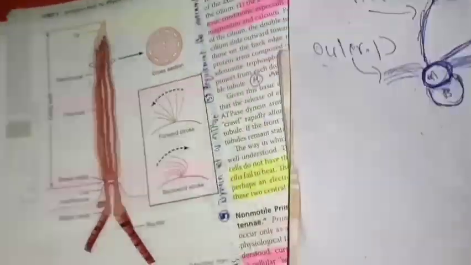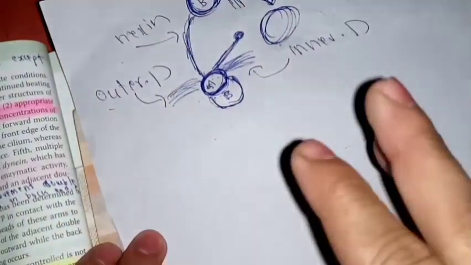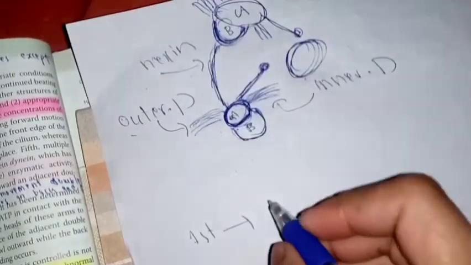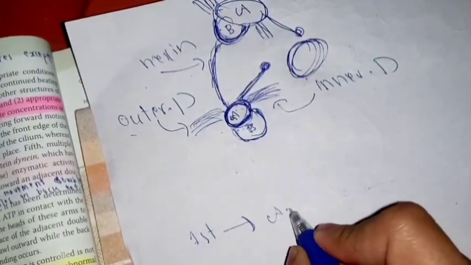First of all, in the mechanism, they have discussed 5 important points. First, that the cilia contain axoneme.